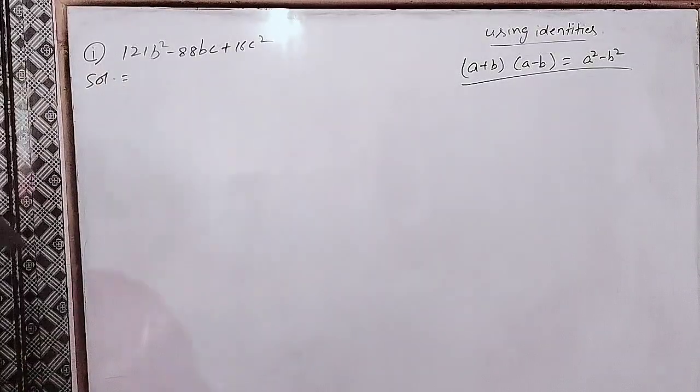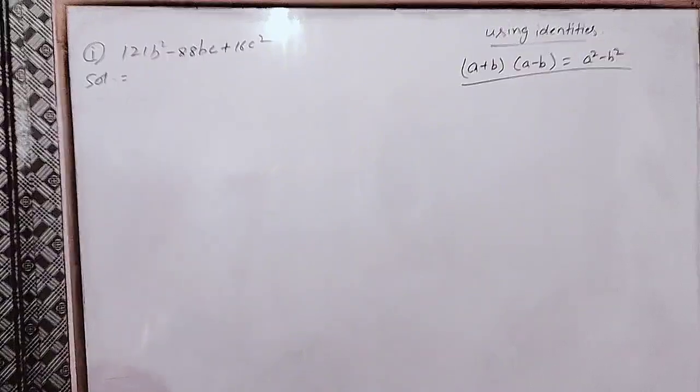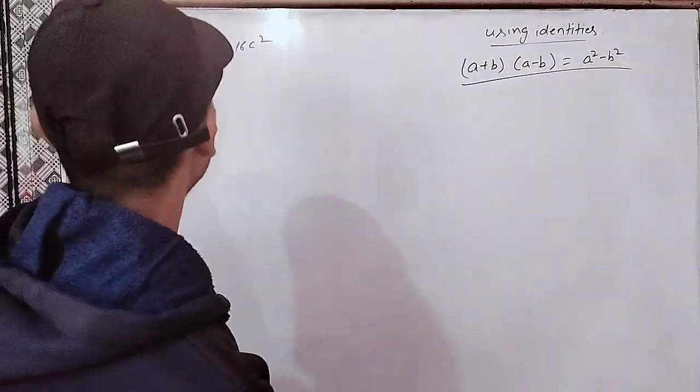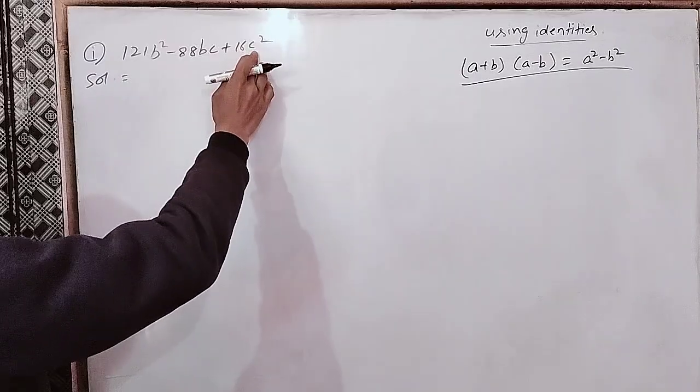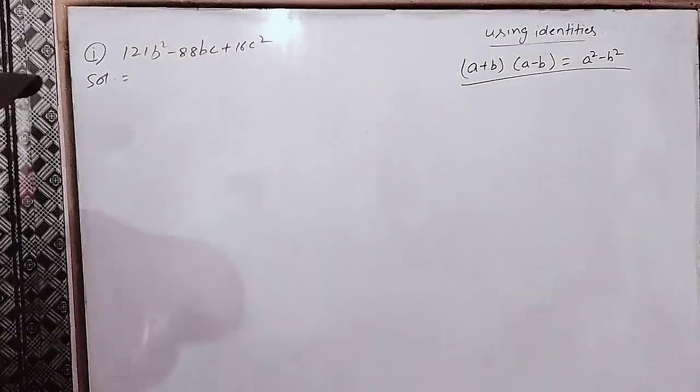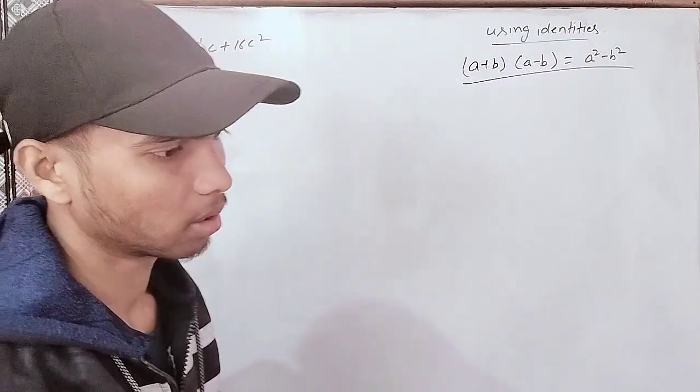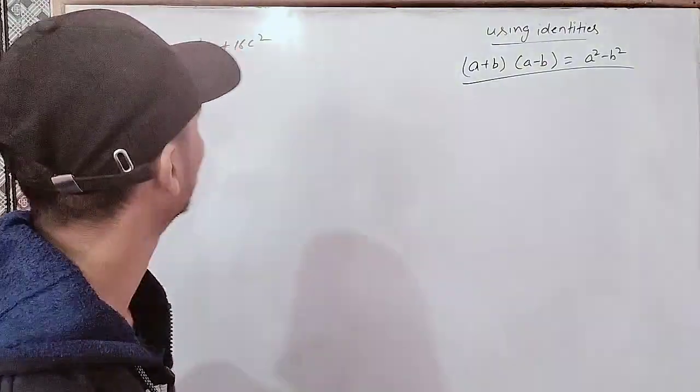So here, 11 and 13, no, no. Here, brother, we have a square plus b square, where b is with the minus, subtract.